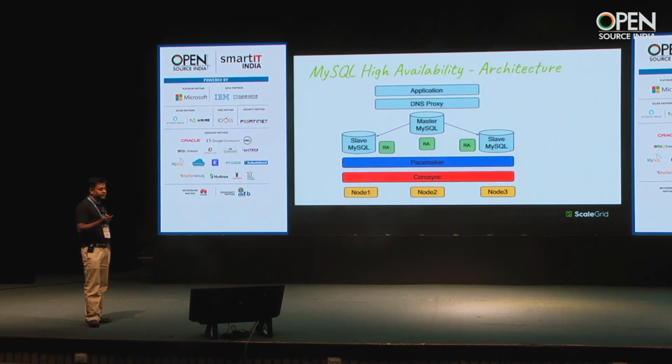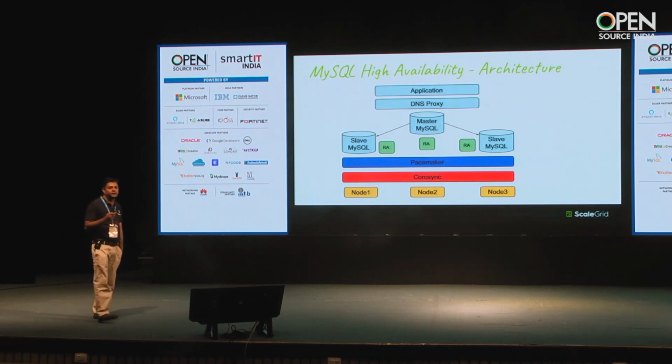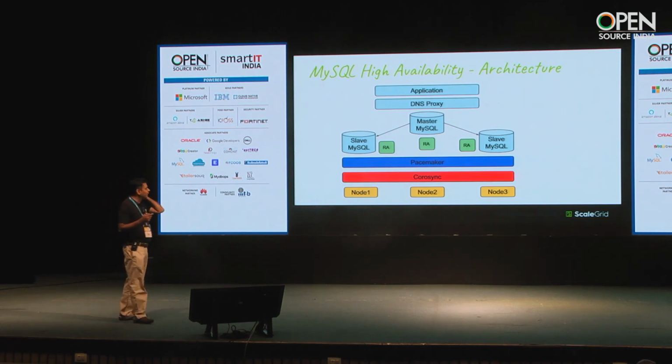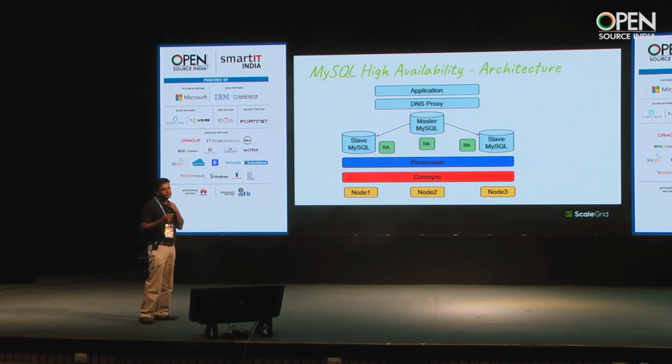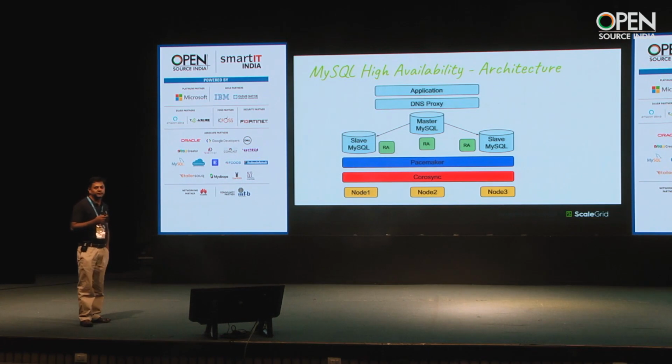And resources here, what I mean by resources is actually our MySQL service. And the beauty of this architecture is it is pretty generic. Corosync and Pacemaker can provide high availability to any of the resources. It could be your web service, or it could be any other database like Postgres. As long as we have a custom resource agent running that can understand the resource, this framework will work.